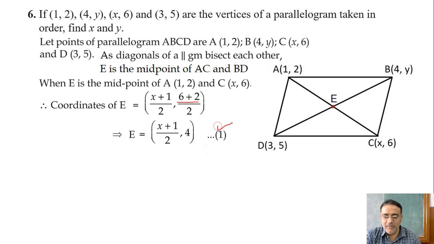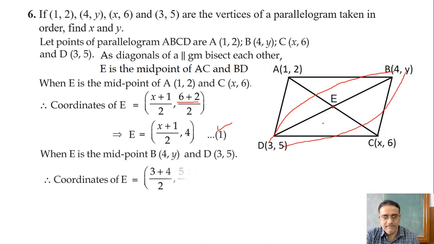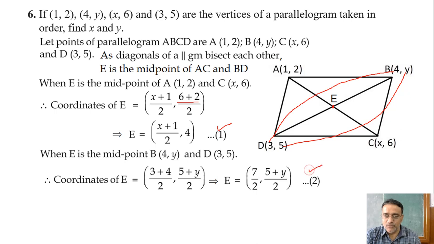Let it be equation number 1. Now when E is the midpoint of BD, what will you get? 3 plus 4 by 2 and 5 plus y by 2. So 7 by 2, 5 plus y by 2, let it be equation number 2.